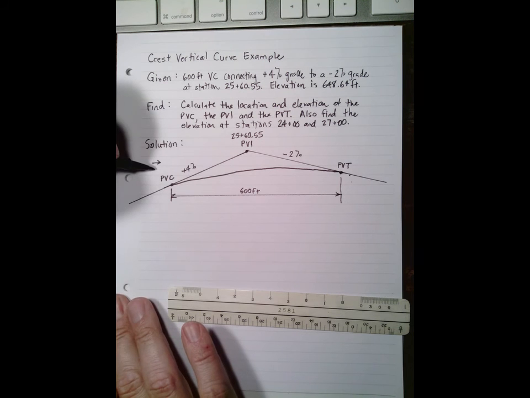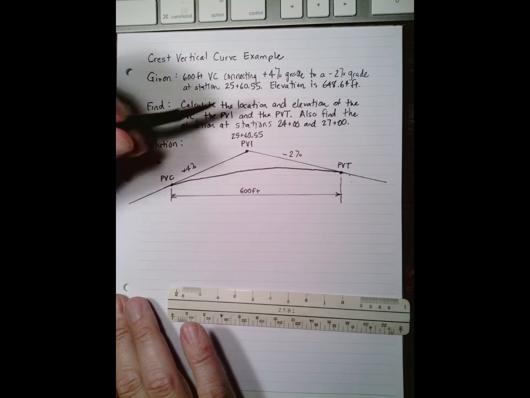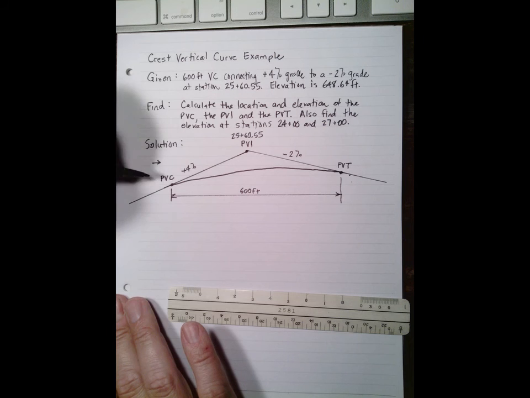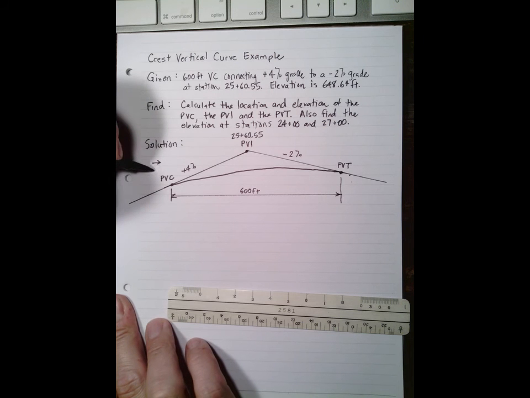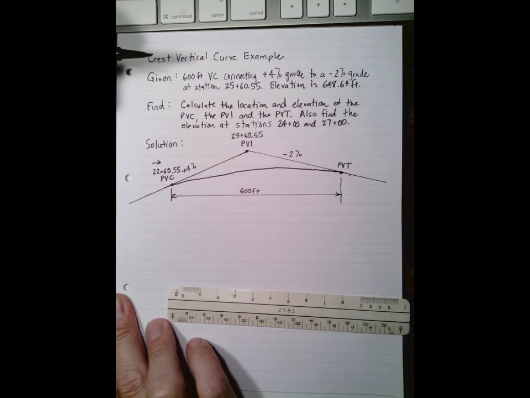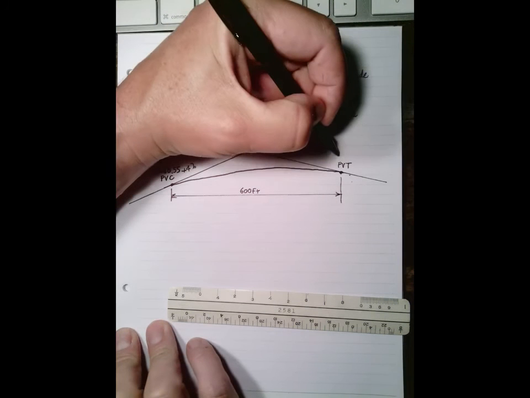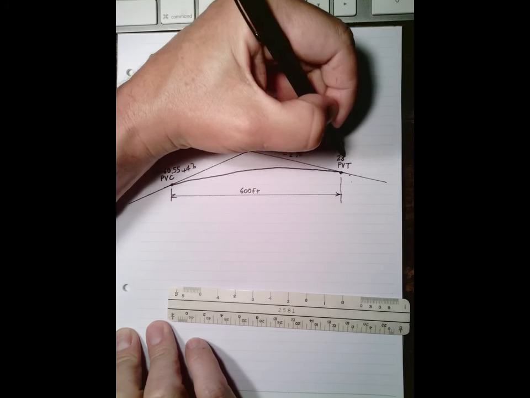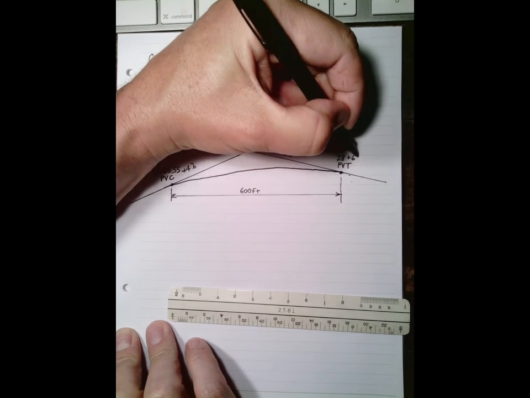So the PVC is simply 300 feet, or L over 2, subtracted from the station of the PVI. So you can verify this for yourself, but the station of the PVC is 22 plus 60.55. And then can you quickly calculate the stationing of the PVT? So you basically add 300 to this, so you get 28 plus 60.55.